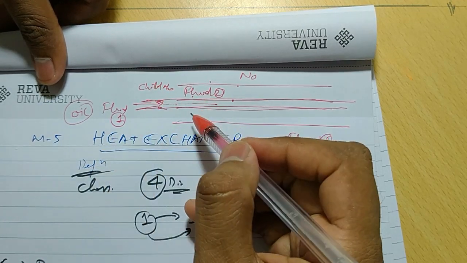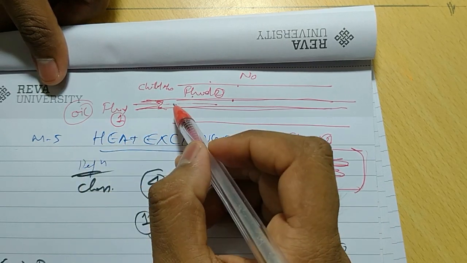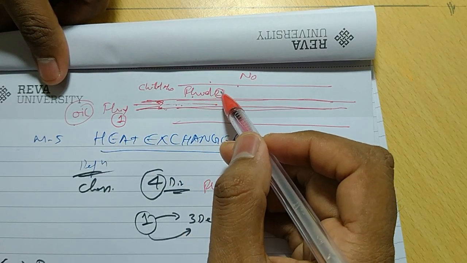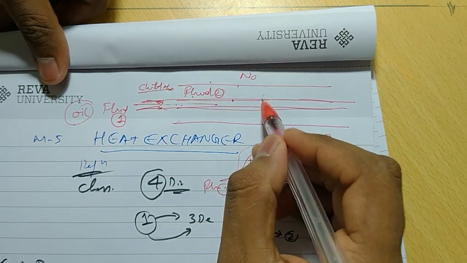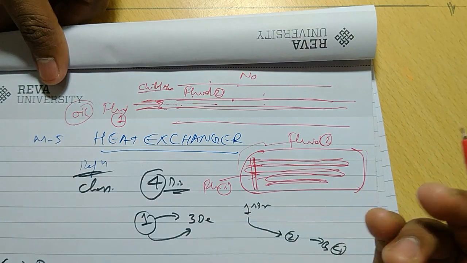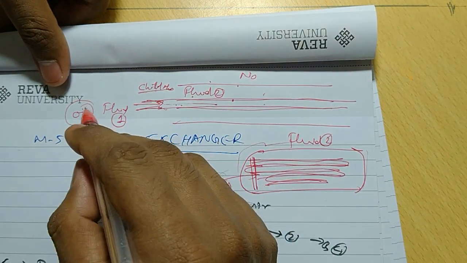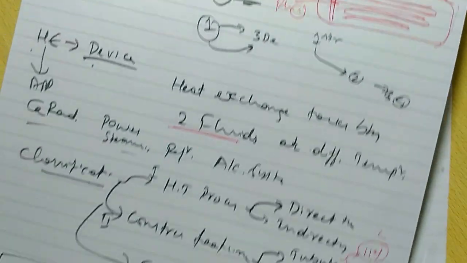Sometimes we will use different fluids: in the inside pipe we pass oil, and in the outside pipe we pass chilled water. In some applications both fluids may be the same, depending upon the application, but there is no contact between fluid 1 and fluid 2.